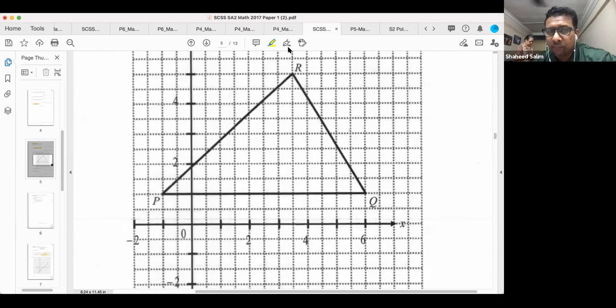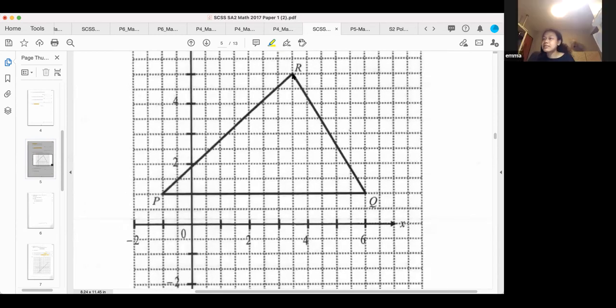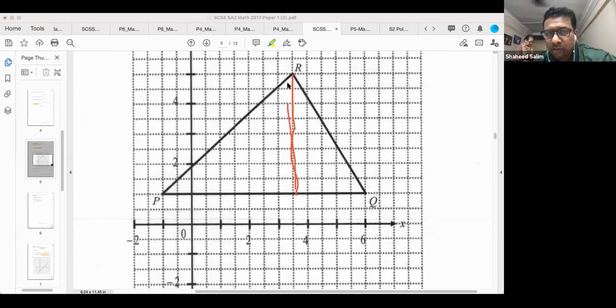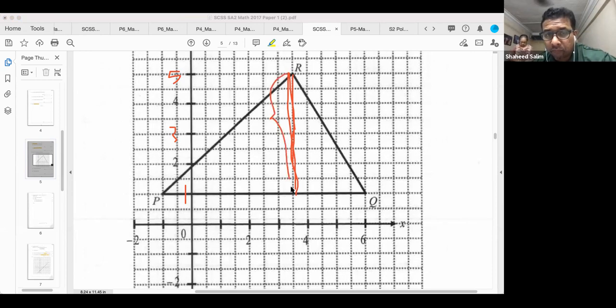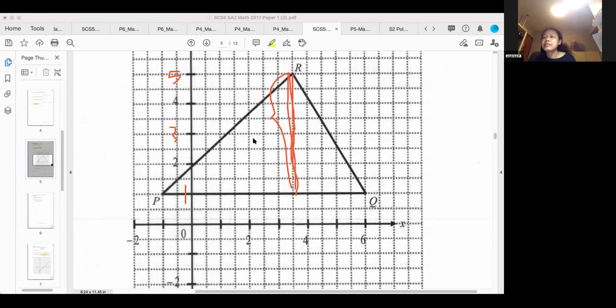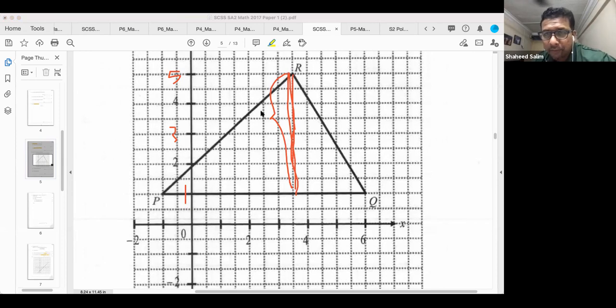Gradient means slope. So now you can take the vertical height. What's the vertical height? How many units? Down here is 1, down here is 5, right? So from here to here is how many? 5 minus 1? 4.